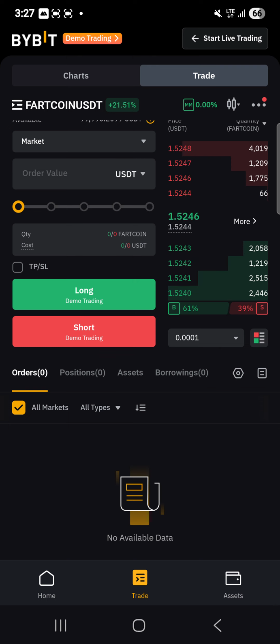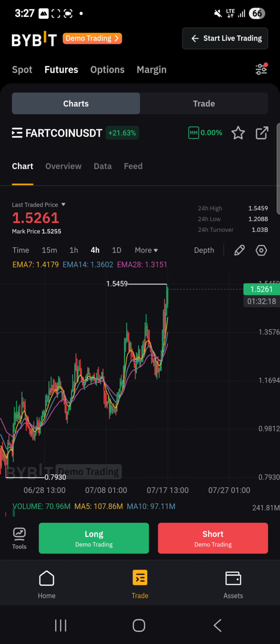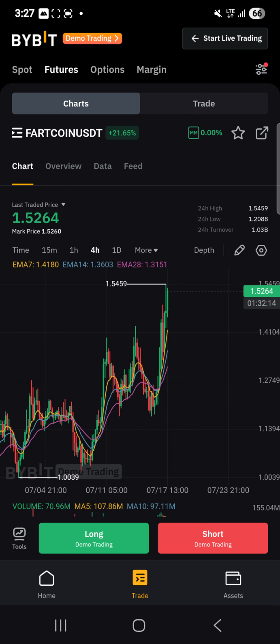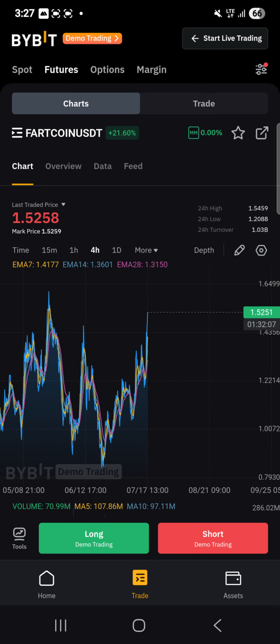If you can see this TP slash SL here, TP means take profit, SL means stop loss. Now TP means, let's say I created a buy order or a long order from this particular place now, 1.5251, and now I decide to set my TP at 1.64.